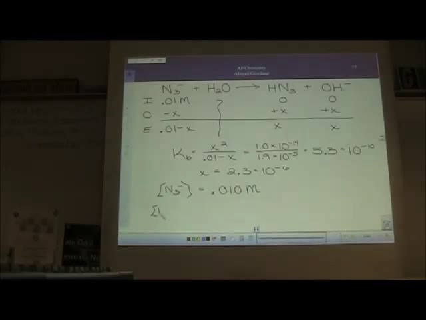And these other two are equal to each other and are just what we found for x. I want you to go one further step, even though it's not printed on the slide. Give me a pH.